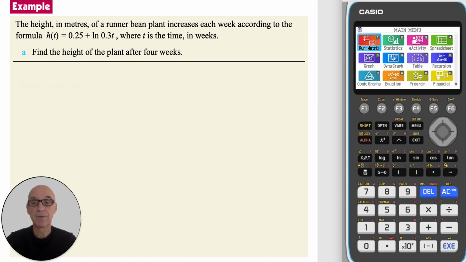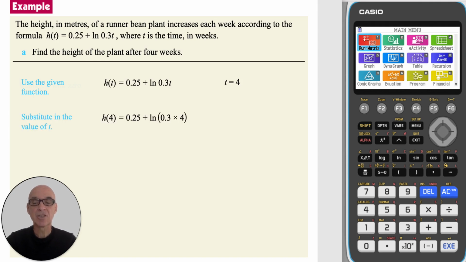In part A of this question, we're asked to find the height of the plant after 4 weeks. Starting by using the given function and substituting in the given value of t.